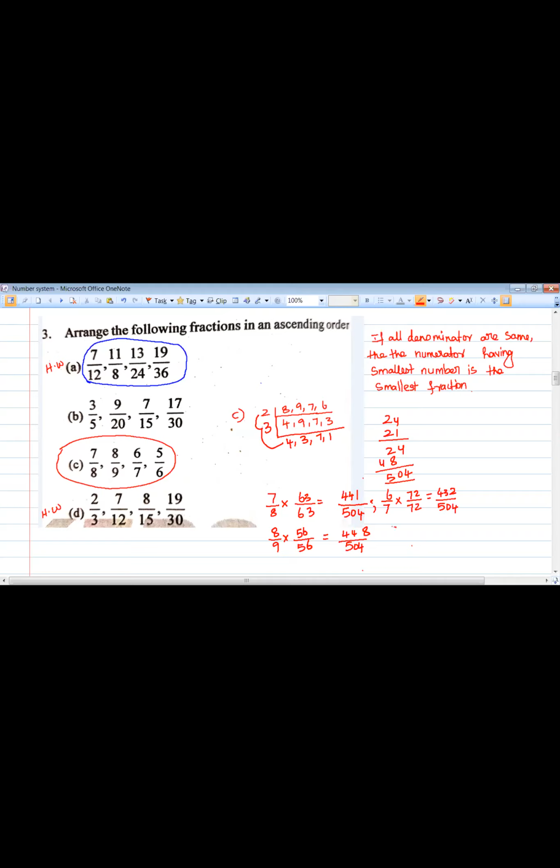Then what about 5 by 6? You should multiply by which number? 84. Very good. So 5 into 84 is 420 by 504.